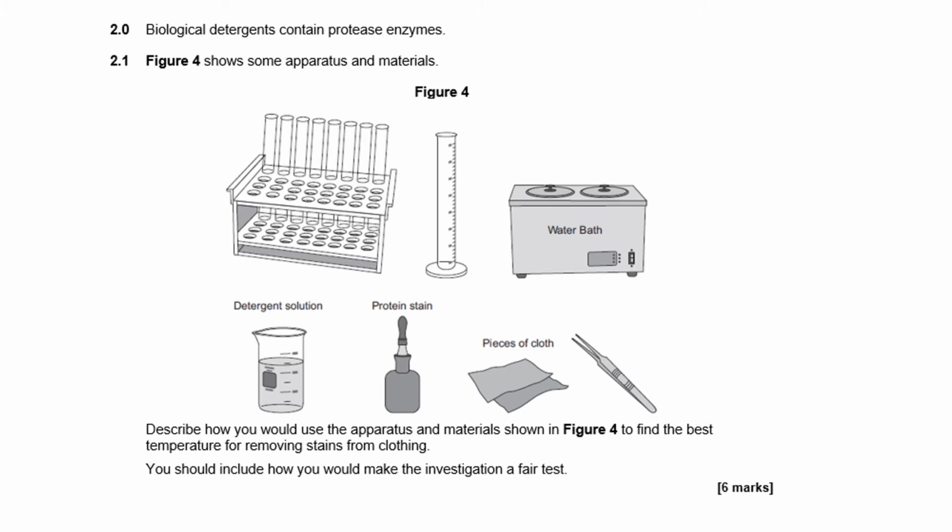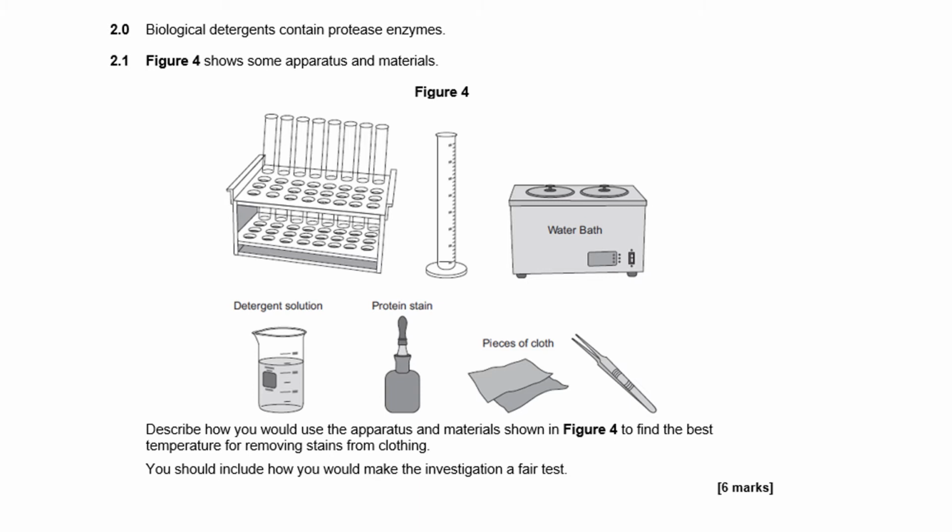It's given the apparatus, but notice that they haven't labelled the test tubes, test rack, measuring cylinder. If this was me, I would maybe make a note of that on the paper, just to remind myself to use those words, as well as the ones that have been given to you.